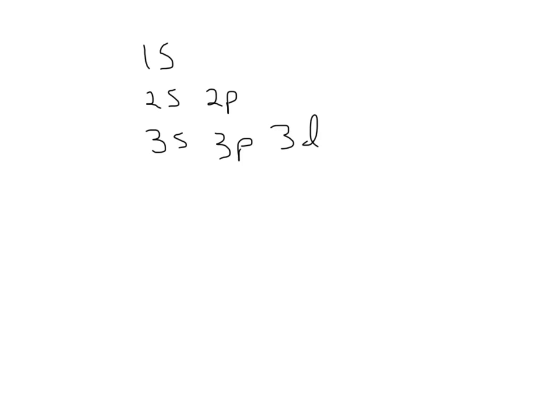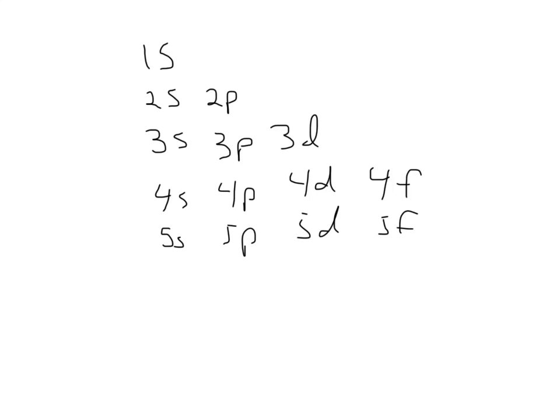I better not do too much talking or I'm going to mess up. Energy level n is equal to 4. Now we get an f-type subshell. And honestly, I'm not going to do any more beyond f. We don't need them as we're accommodating electrons in their ground state, even up to the most complicated atom we have. So I'm going to do energy level n is equal to 5, 5s, 5p, 5d, 5f.